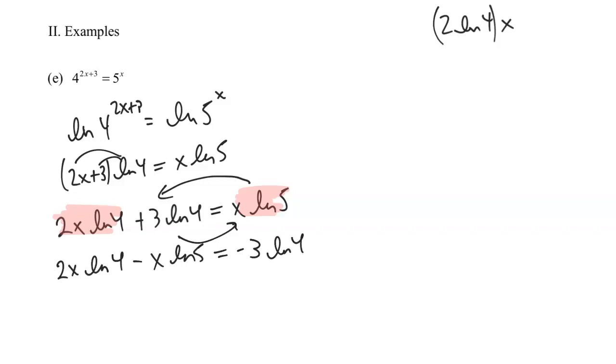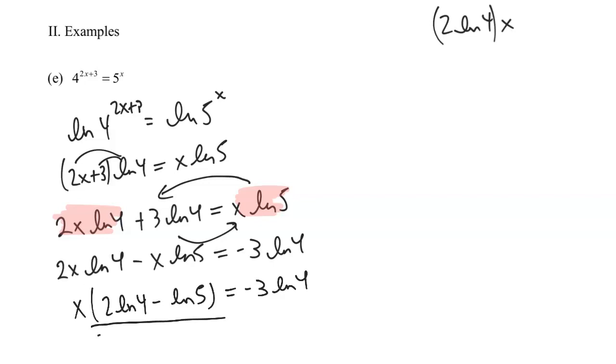And now what I notice is that both of my terms on the left-hand side have an x in them. And so what that's going to allow me to do is factor out an x, and that will leave me with x times 2 ln of 4 minus ln of 5 equals negative 3 ln of 4. And so now to get x by itself, all we're going to have to do is divide by this parentheses.